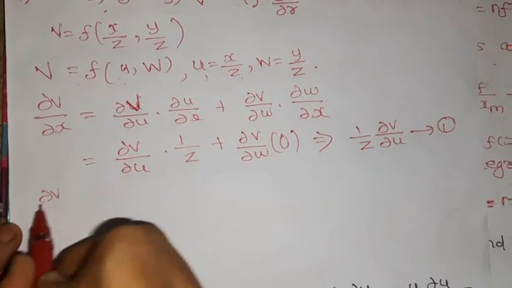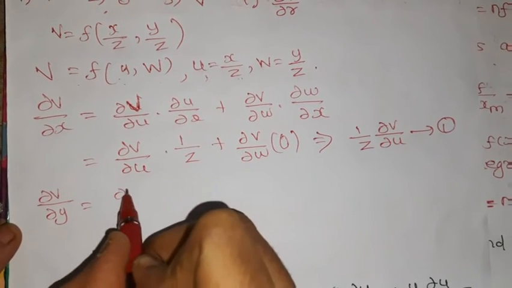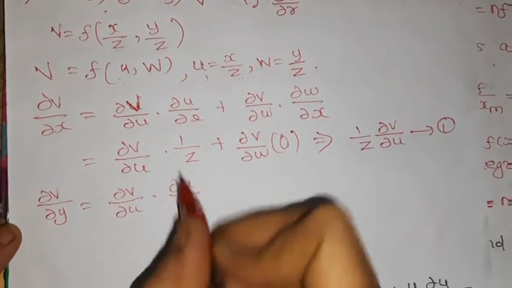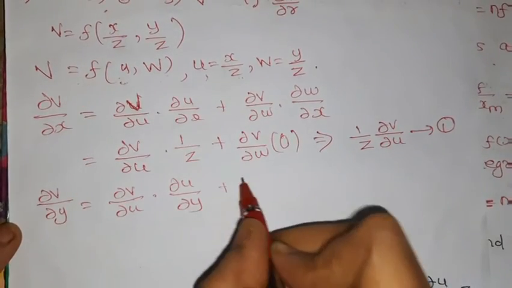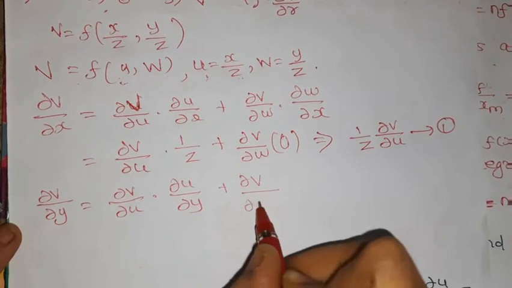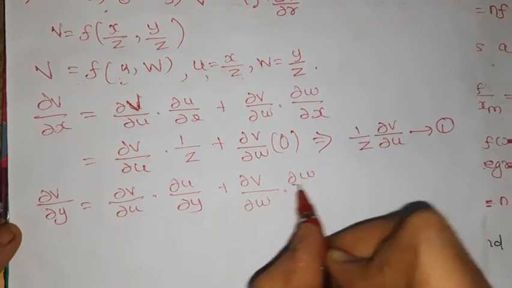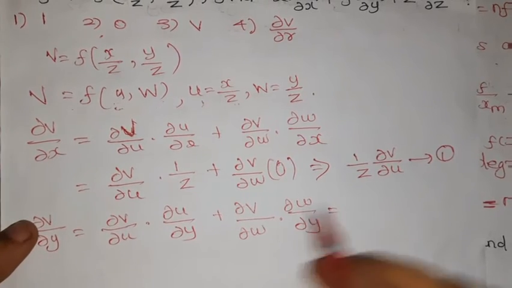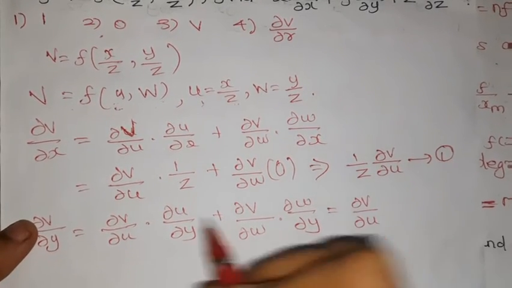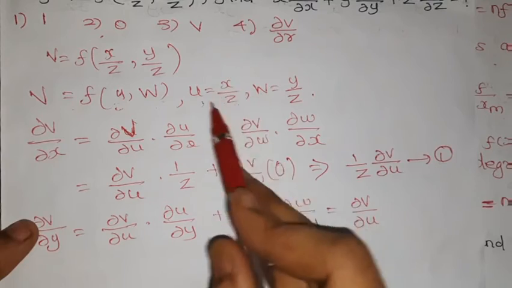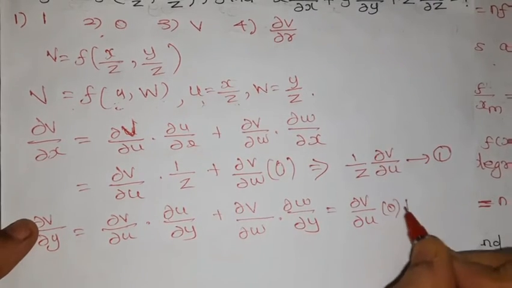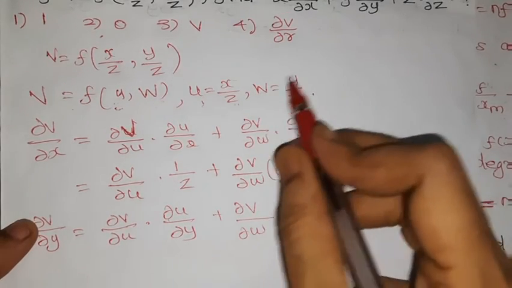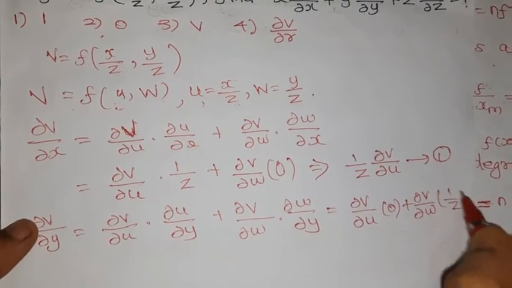Then ∂v/∂y. ∂v/∂y, how can we find it? ∂v/∂u into ∂u/∂y, as it is a function of u and w now, plus ∂v/∂w into ∂w/∂y. So ∂v/∂u, keep as it is, into ∂u/∂y. ∂u/∂y is nothing, so 0, plus ∂v/∂w into ∂w/∂y. ∂w/∂y is nothing but 1 by z.